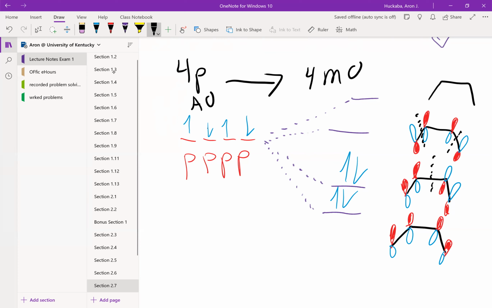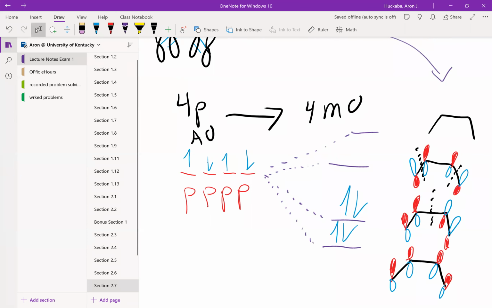Okay, so we started with 0 nodes for the most stable, 1 node for the second most stable. The lowest unoccupied molecular orbital has 2 nodes, so it seems like we need to add another to give us 3 nodes, right? We'll just do totally non-overlapping bonds here.